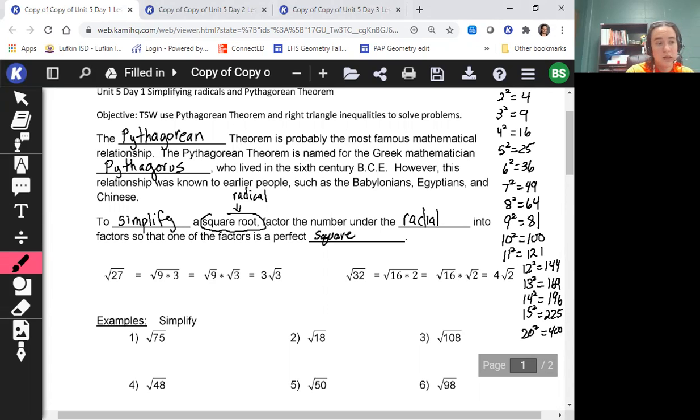So these are the ones that you really need to know, and having them memorized will help you a great deal with this unit.